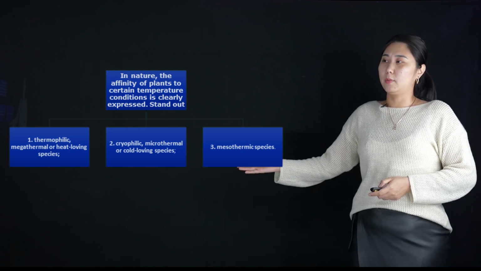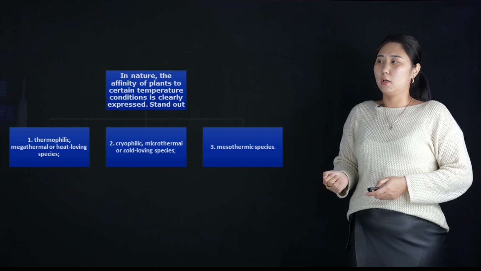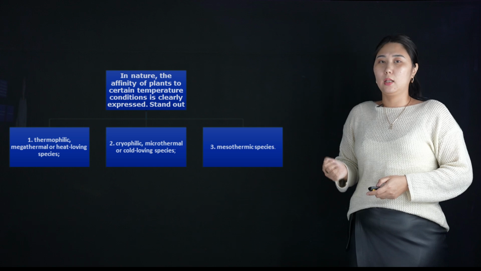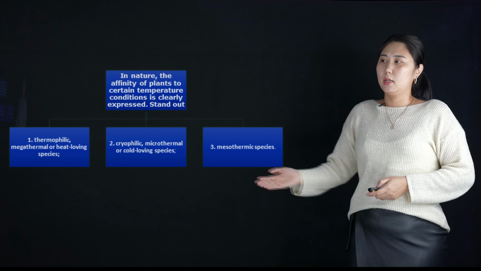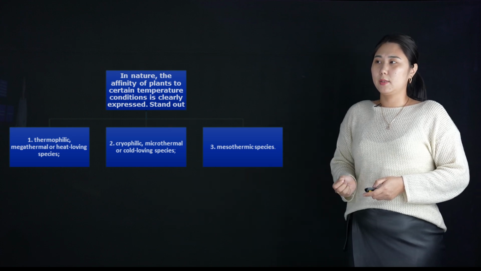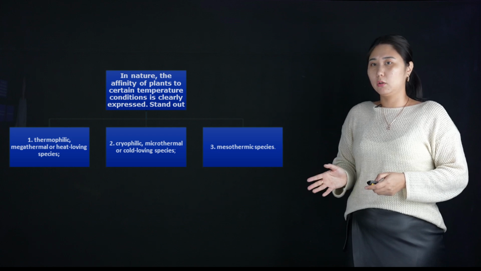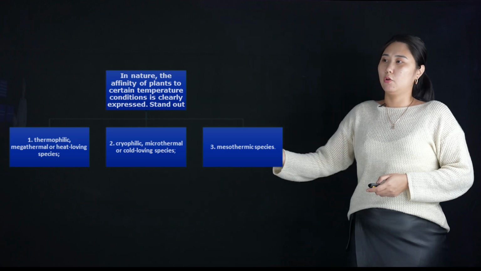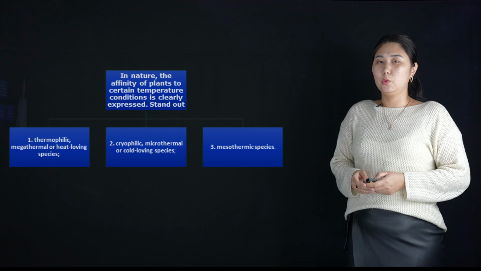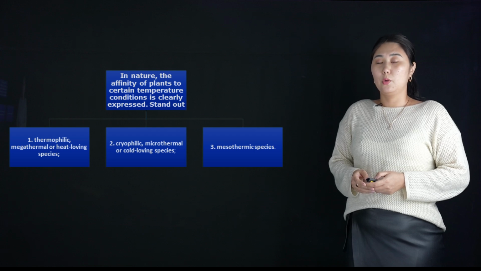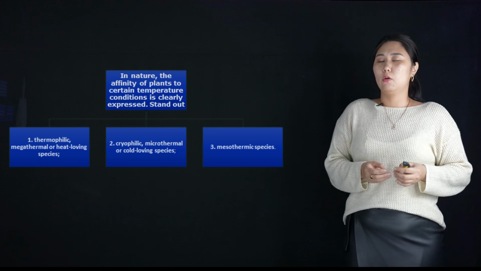First is thermophilic plants, megathermal, or we can say heat-loving species. The second type is cryophilic plants, microthermal, or cold-living species. And the third type is mesothermic species, which includes plants which can live in cold temperature or in hot temperature.